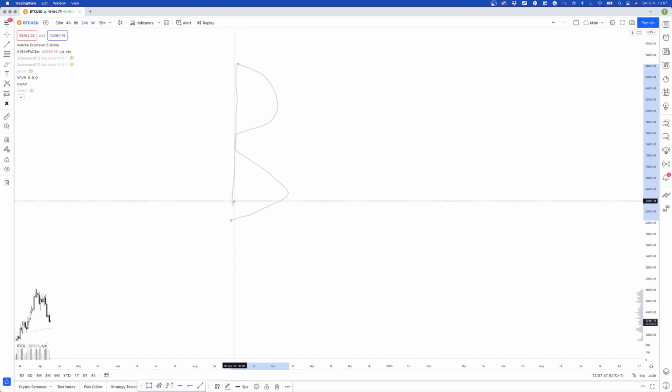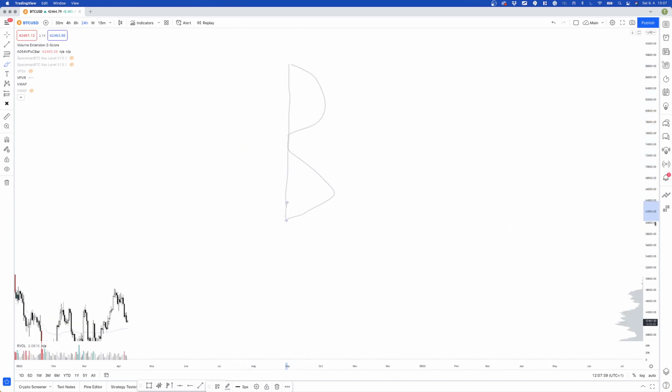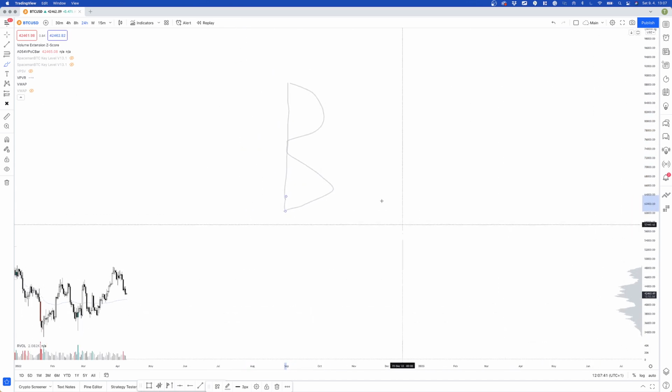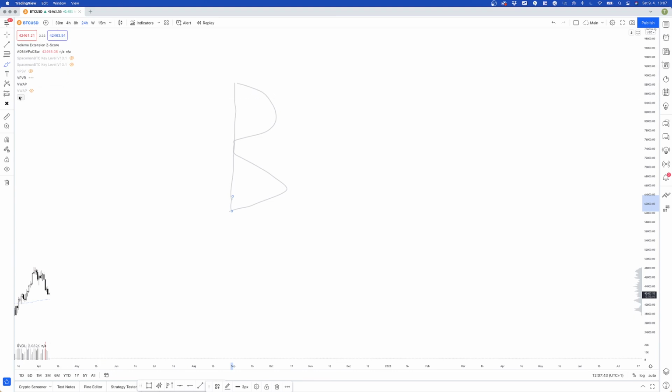This is kind of a double distribution, which most of these composite profiles would consist of multiple distributions. If price is inside the high volume node, it's most likely going to be in a ranging environment, because you have a lot of executed volume here, so it will be harder to initiate any kind of move. So this is your balanced state of the market.